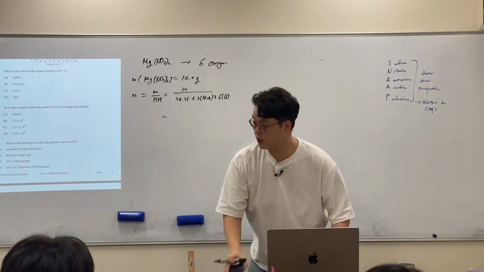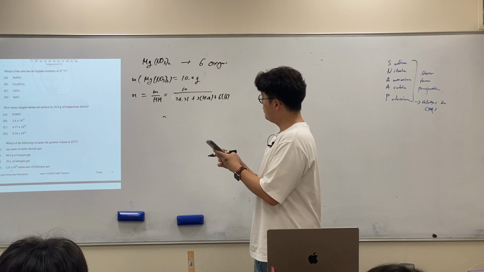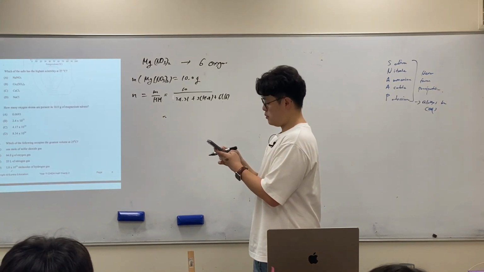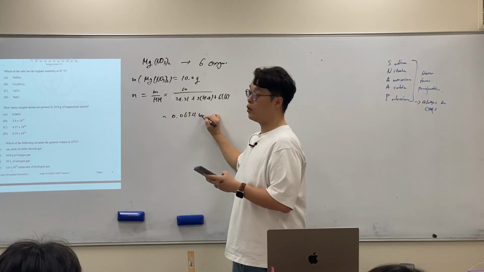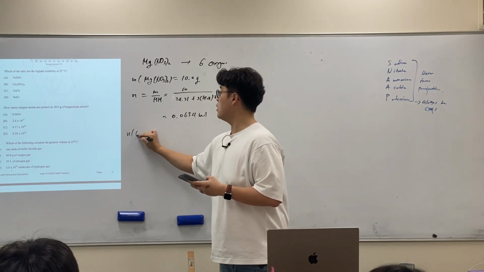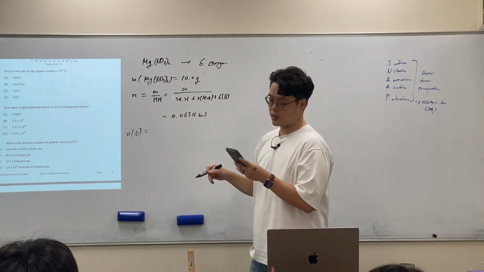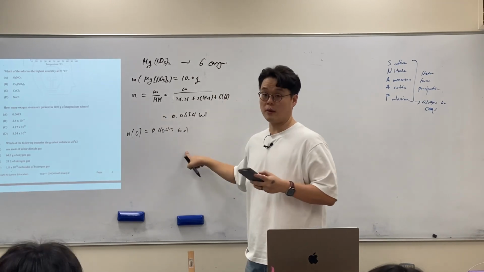You get the number of moles of this magnesium nitrate first of all, 0.0674 mole. That means the moles of oxygen would be 6 times that value. So times 6, you get 0.4045 mole.